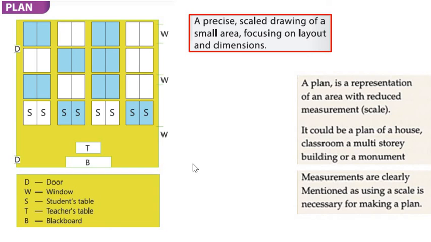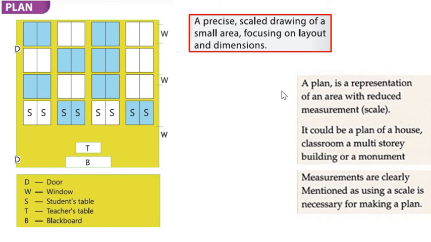And then we have the plan. What is a plan? You have seen plans of apartment buildings, of a flat or so. A plan is basically a precise scale drawing of a small area focusing on the layout and dimensions. Living room plan, kitchen plan, you might have seen.